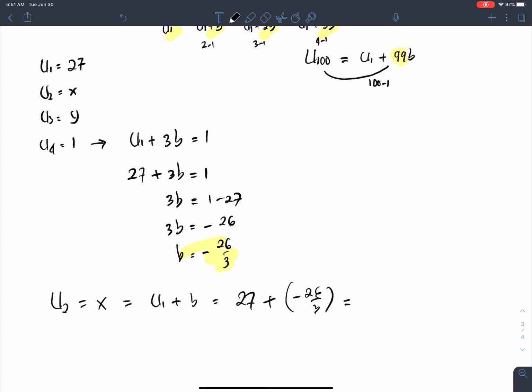So if we calculate 27 minus 26 over 3, we get, after a quick calculation, 55 over 3.